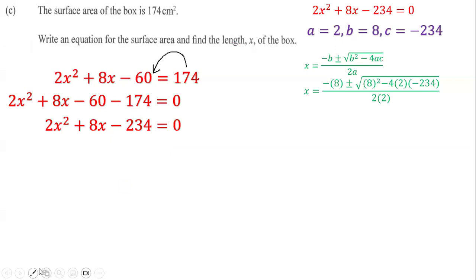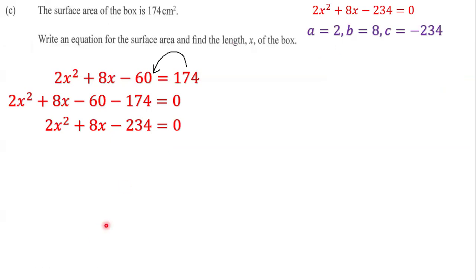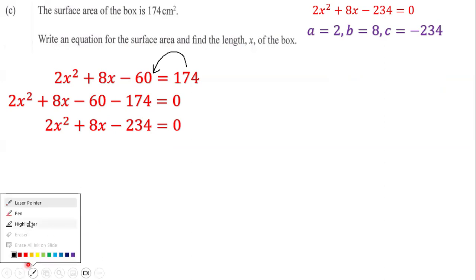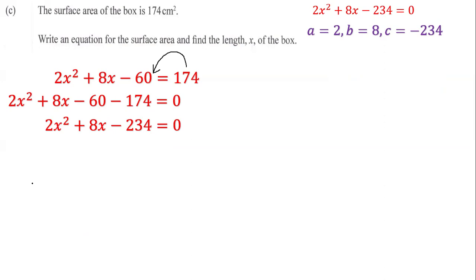The general form is a times x squared, plus b times x, plus c is equal to 0. This is the general form of a quadratic equation.